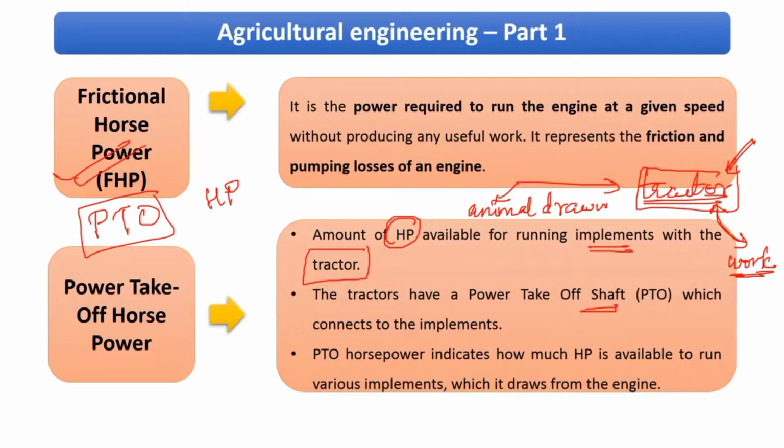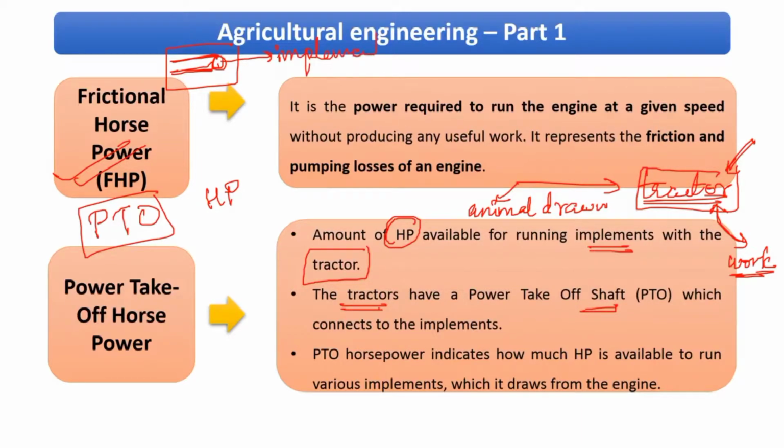These tractors have a power take off shaft. You would see it has a cylindrical shape. At the end of this lecture or in a subsequent lecture, we will also discuss that PTO shaft. So these tractors have this PTO, and to this PTO the implements are connected.